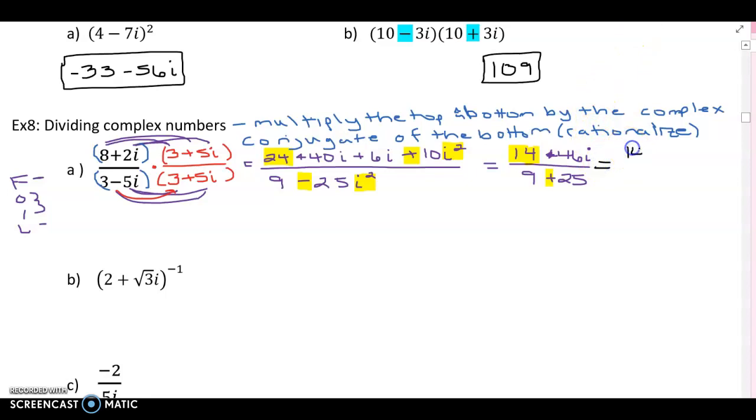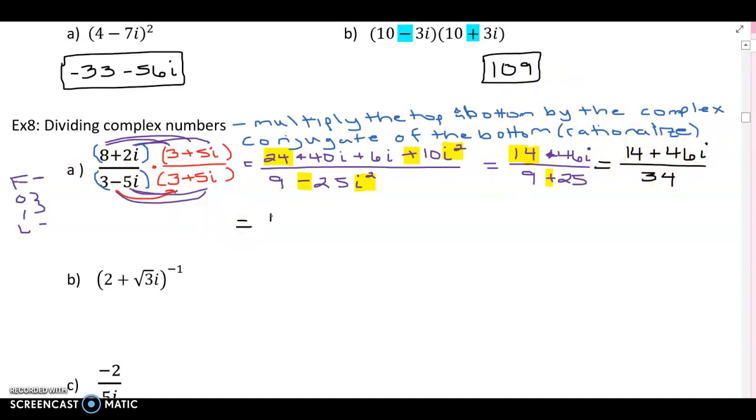So we have 14 plus 46i over 34. Now this looks like what we saw earlier where we have to separate it out and reduce it.